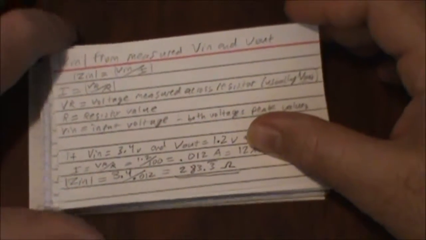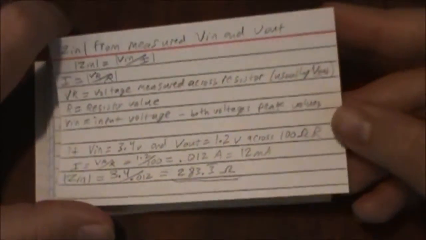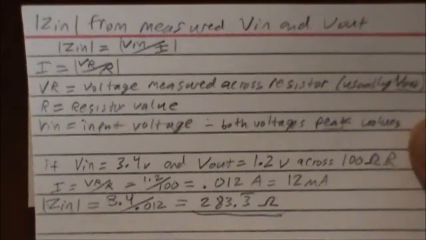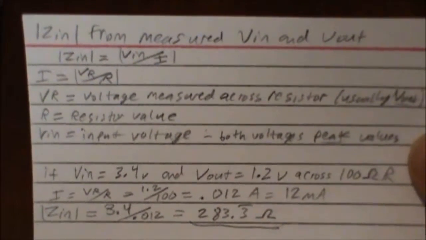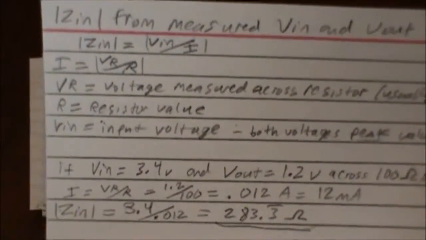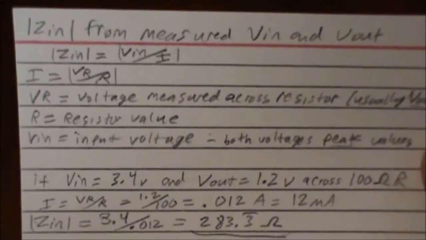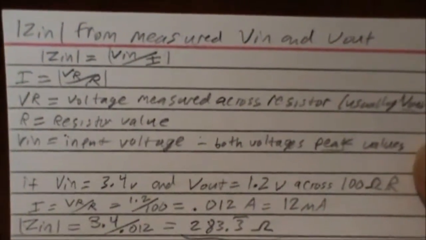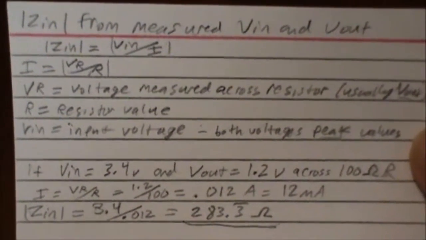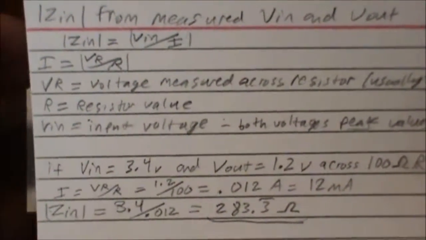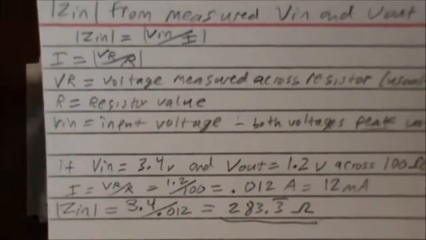So let's talk a little bit more about impedance here. Impedance, we called that Z. Z in for measured V in and V out. So think of impedance like the AC form of resistance. Remember R equals V over I in Ohm's law? Well, Z, our impedance, equals V in over I. And these little bars here mean magnitude.